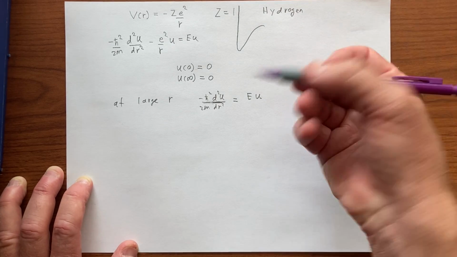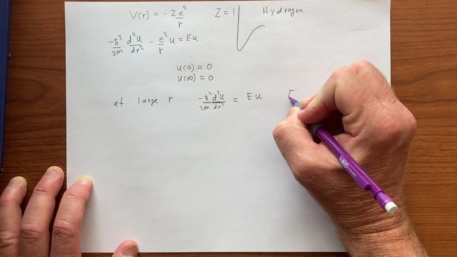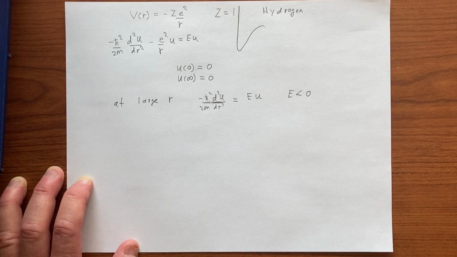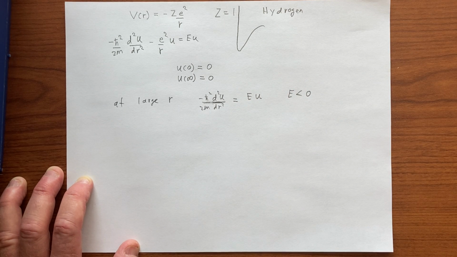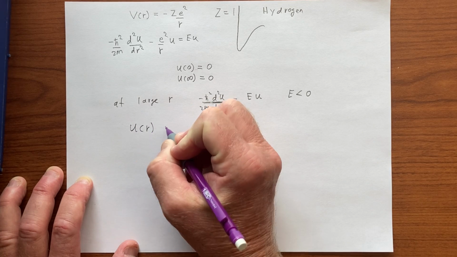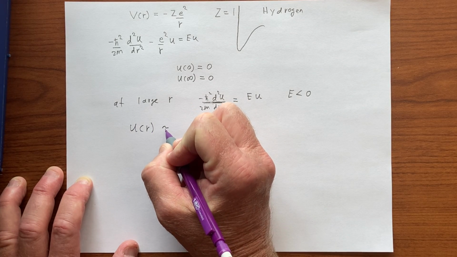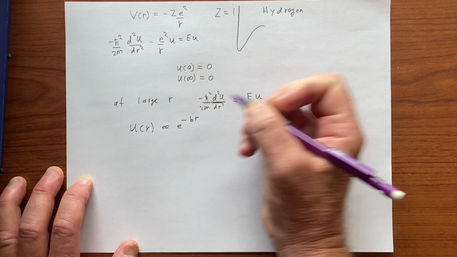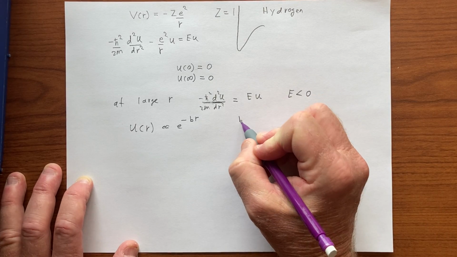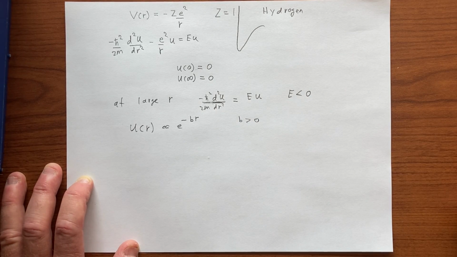All states are bound, so E is a negative quantity. We know what the solution of this kind of equation is. It's like the particle in the classically forbidden region outside a finite square well. And so the solutions have to be proportional to e to the minus b r, where b is some positive constant.